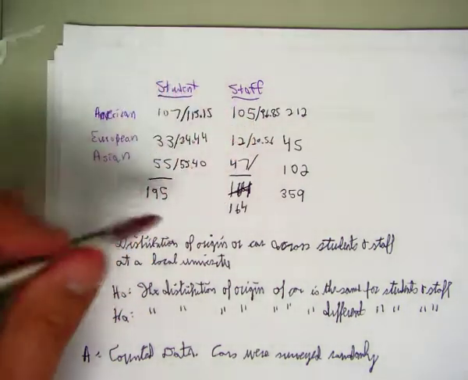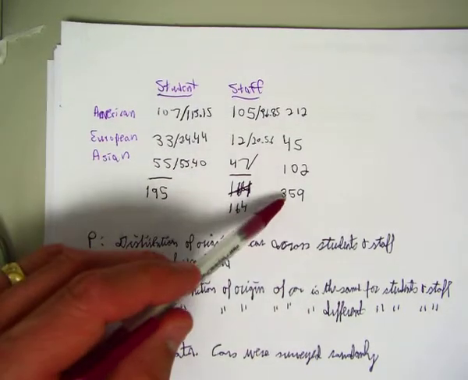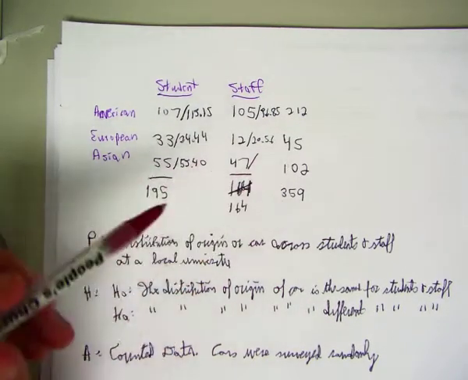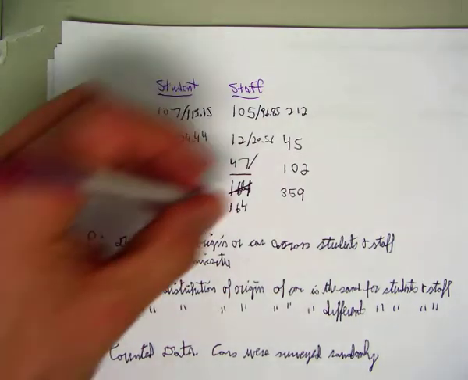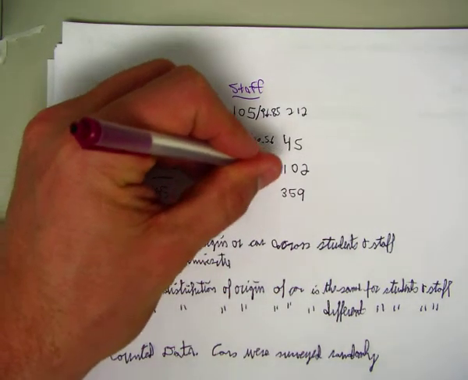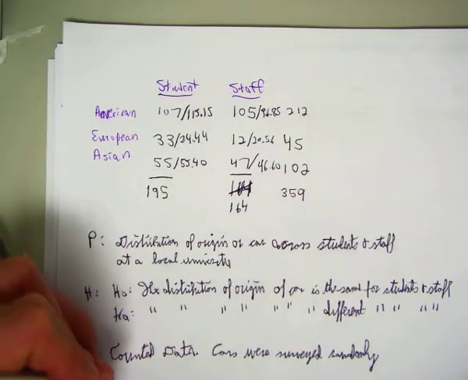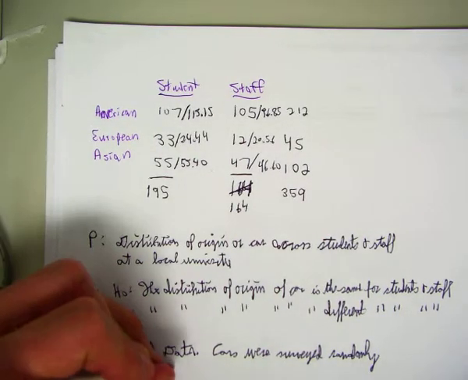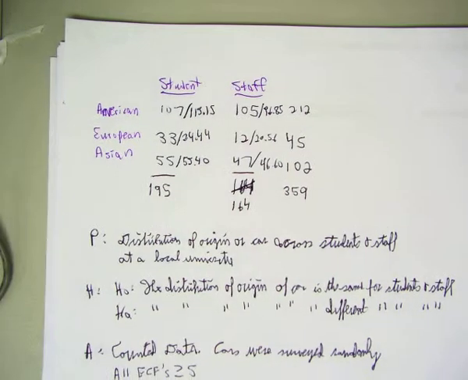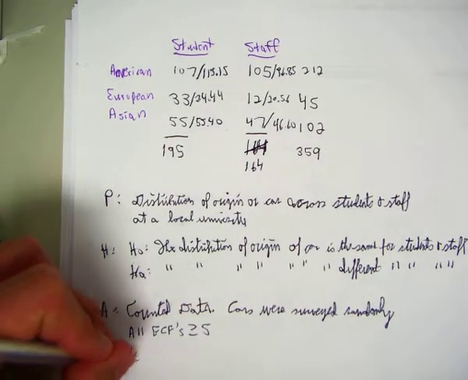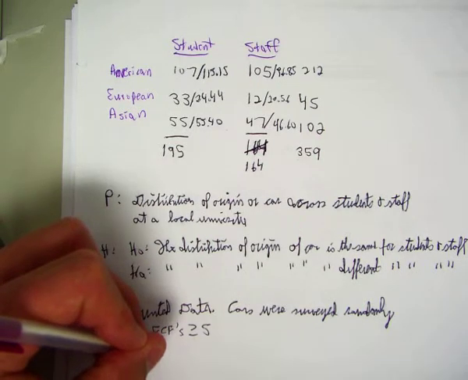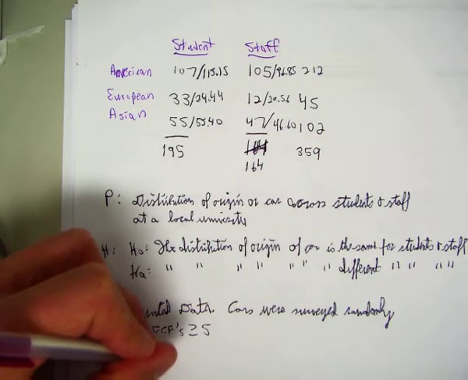And then for Asian you would do 164 divided by 359 times 102, and you would get 46.60. So all ECFs are at least 5. So we're good there. Okay? Name the test. This is going to be a chi-squared test for homogeneity.